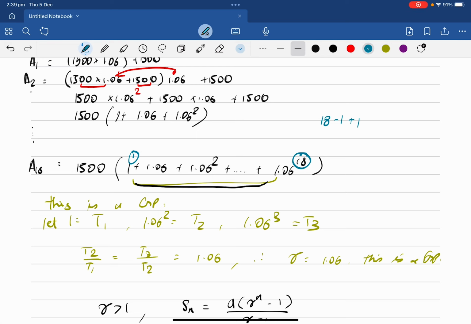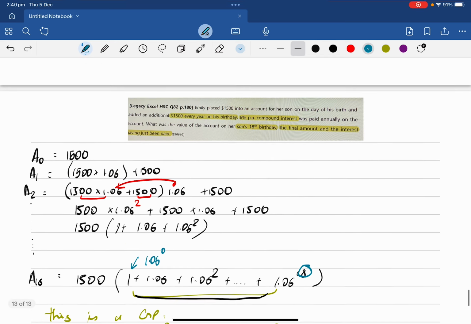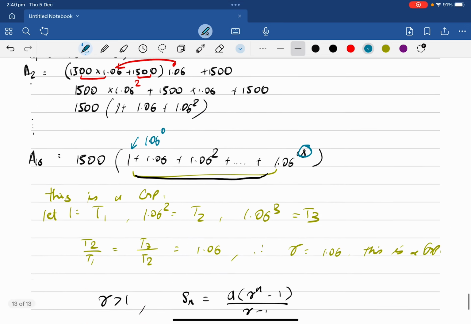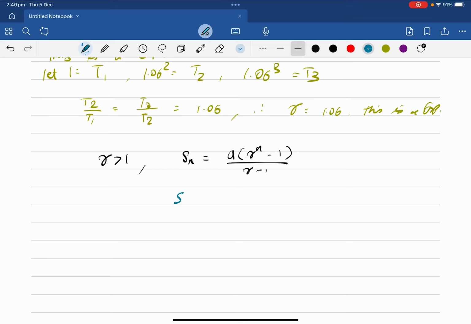But remember, how did this 1 come about? It's 1.06 to the power 0. So it's 18 minus 0 plus 1, which is equal to 19. There are 19 terms. Think about it logically: count from 0 to 18, including 0, and you get 19 terms. So then it's S19.